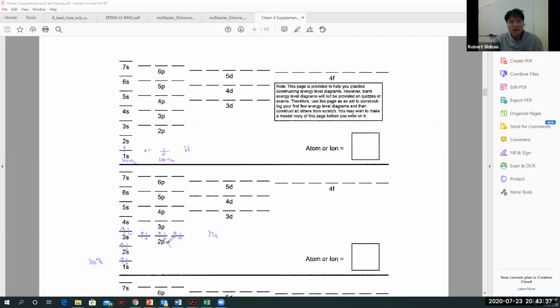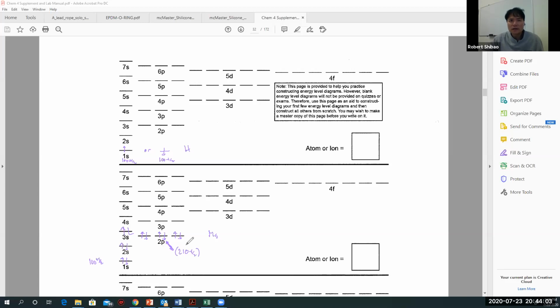That electron there would be called a 210 minus 1/2. And so we could give a unique set of numbers to every single electron in here based on how we mapped it out. That's what we need to do.